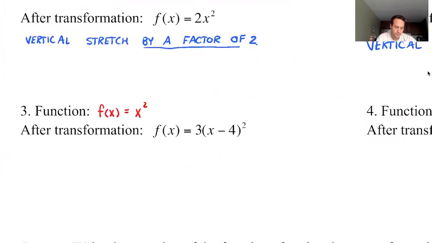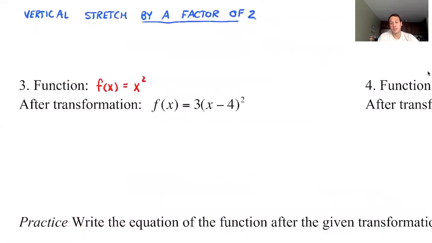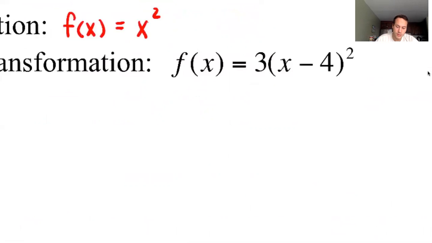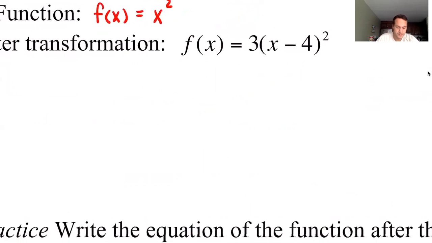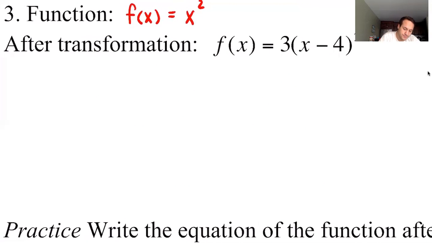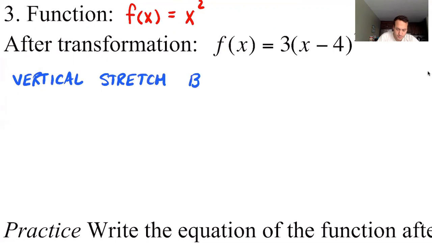Okay. Now, again, same thing like before. I could have multiple transformations. X squared now became (3x minus 4) squared. There's two things that go on. There's a vertical stretch by a factor of 3.